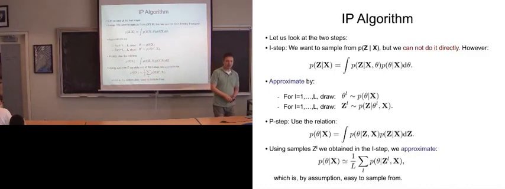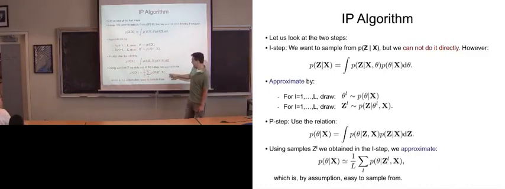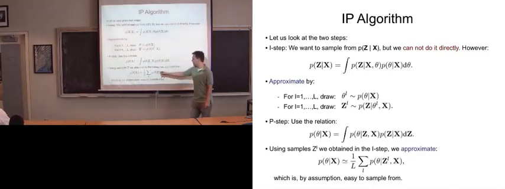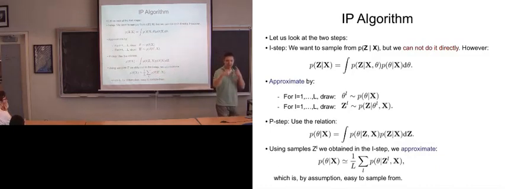And this, by assumption, is easy to sample from. That gives us the approximation to the posterior, and given this approximation, we can draw theta. So you're drawing theta, you're drawing latent variables, and you're alternating between the two.